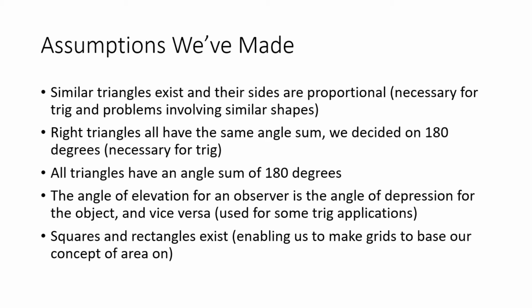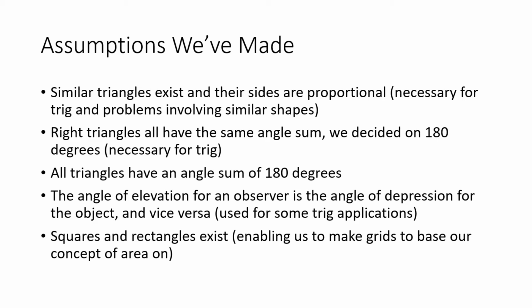Another assumption is that right triangles all have the same angle sum. We decided on 180 degrees. We could not do trigonometry in the way that we did it without this assumption. Another thing that we mentioned briefly is this idea that, well, maybe all triangles have an angle sum of 180 degrees.